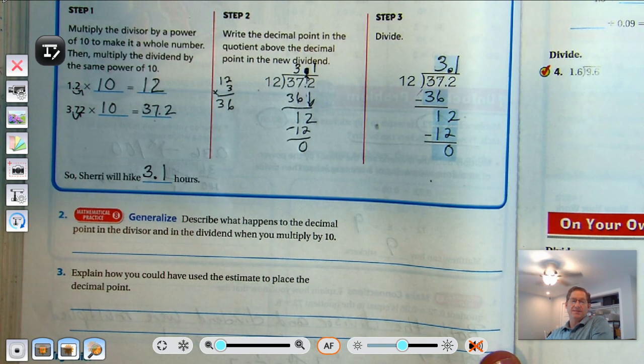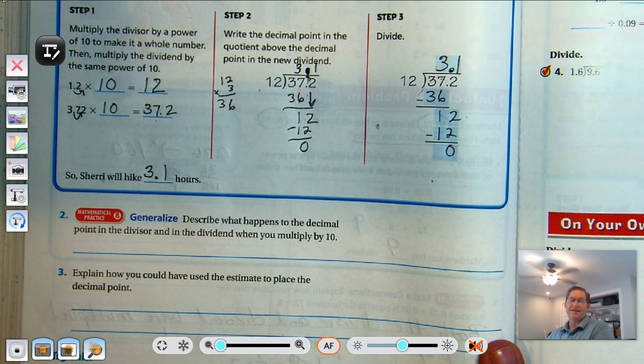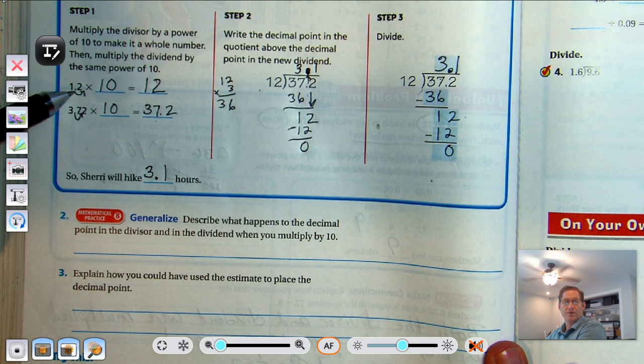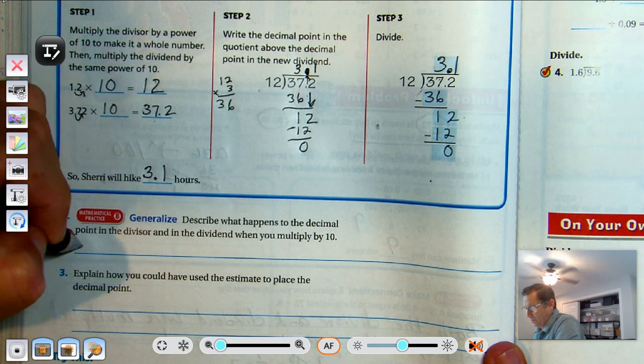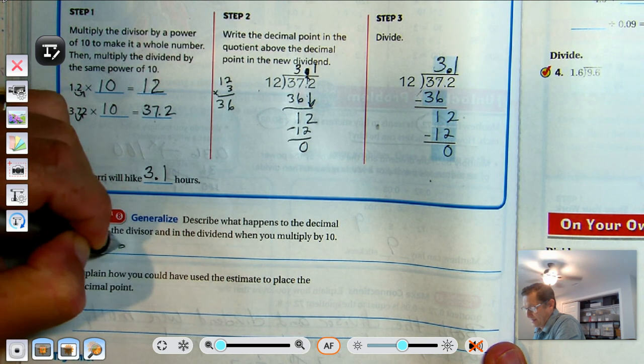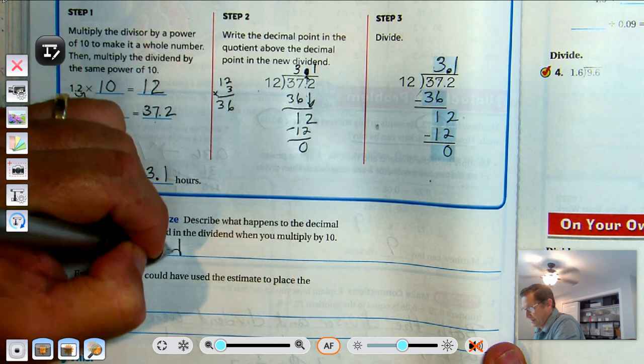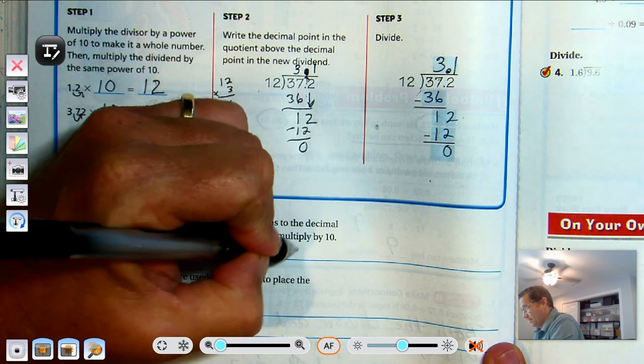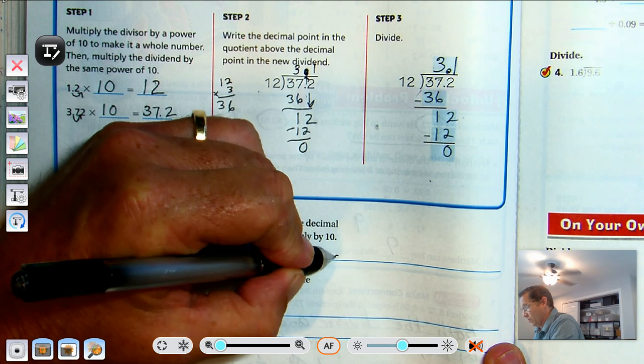So describe what happens to the decimal point in the divisor and in the dividend when you multiply by 10. Well, we just talked about that right here. When you multiply by 10, the decimal point moves one place to the right. So in each decimal, the decimal point moves one place to the right.